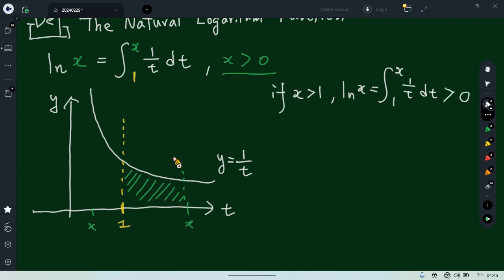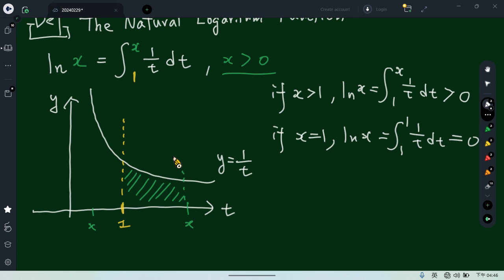But if x is equal to 1, as a result, ln x will be 0, because it will be the integral from 1 to 1 of 1 over t dt. You can see the start point and the end point are the same, so the area should be 0.